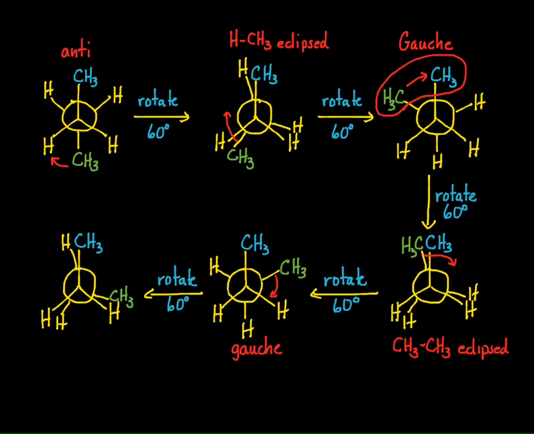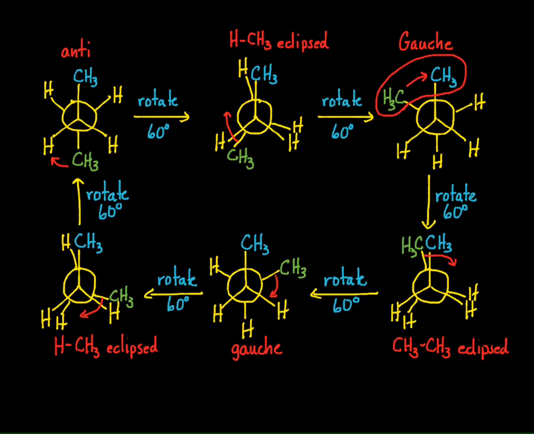But if you notice, this is very similar to the first eclipse conformation we had, right? Because I have both methyl groups eclipsed to hydrogens, and then I have a hydrogen-hydrogen eclipsed bond. And so we'll simply distinguish this as the hydrogen methyl group eclipsed.